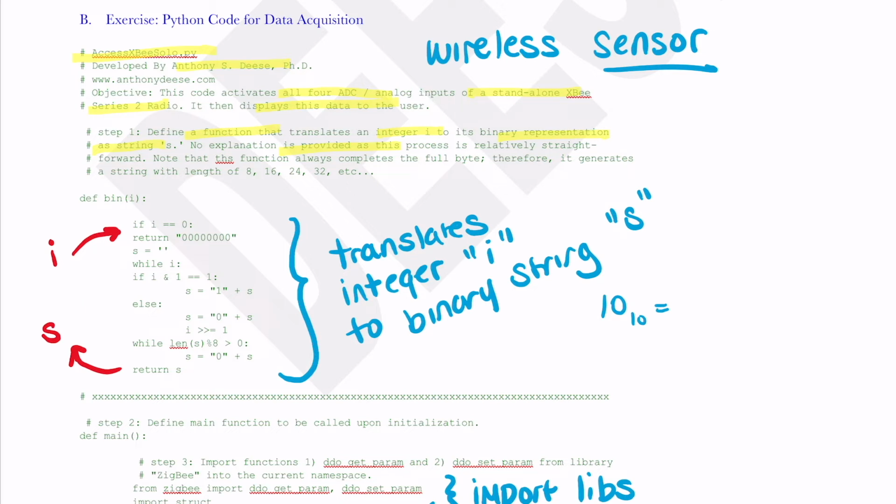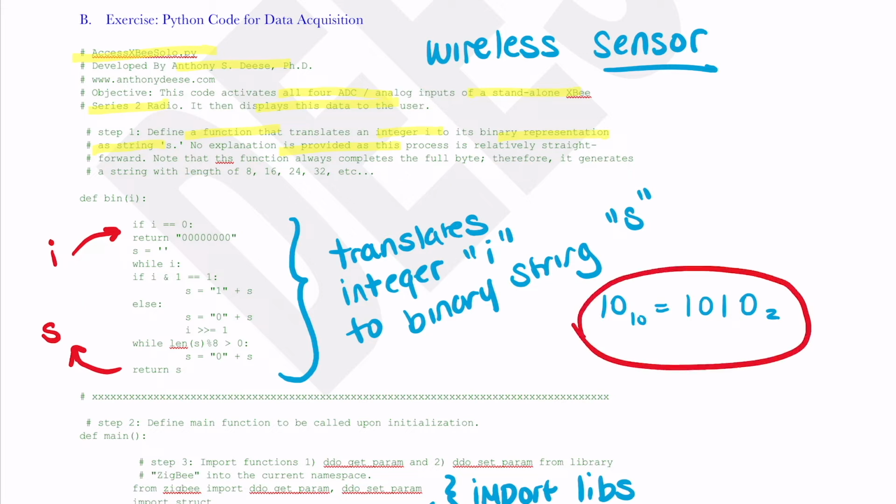So you would have 1, 0, 1, 0, right? You have 0 plus 2 plus 0 plus 8, which gives us 10. And that's the type of conversion it's trying to provide for us, the conversion between a base 10 integer and a base 2 binary string.